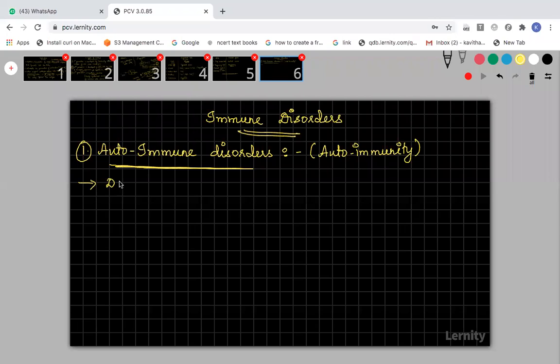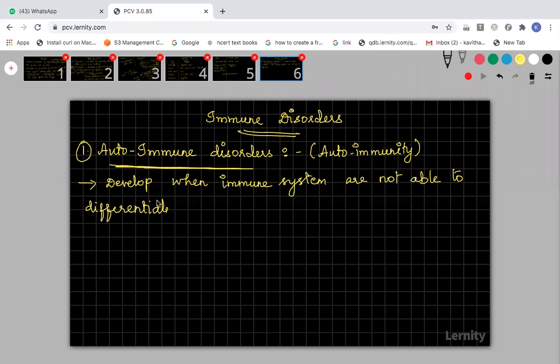These disorders develop when your immune system is not able to differentiate self and non-self antigens. Okay, differentiate the self from non-self. You know what non-self antigens are? The non-self antigens are the ones coming from outside, that is, the foreign antigens.